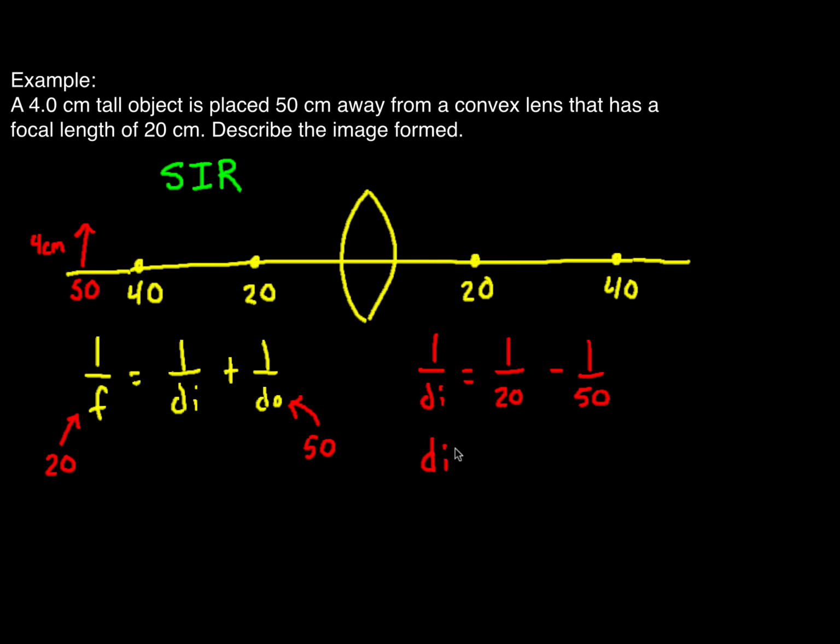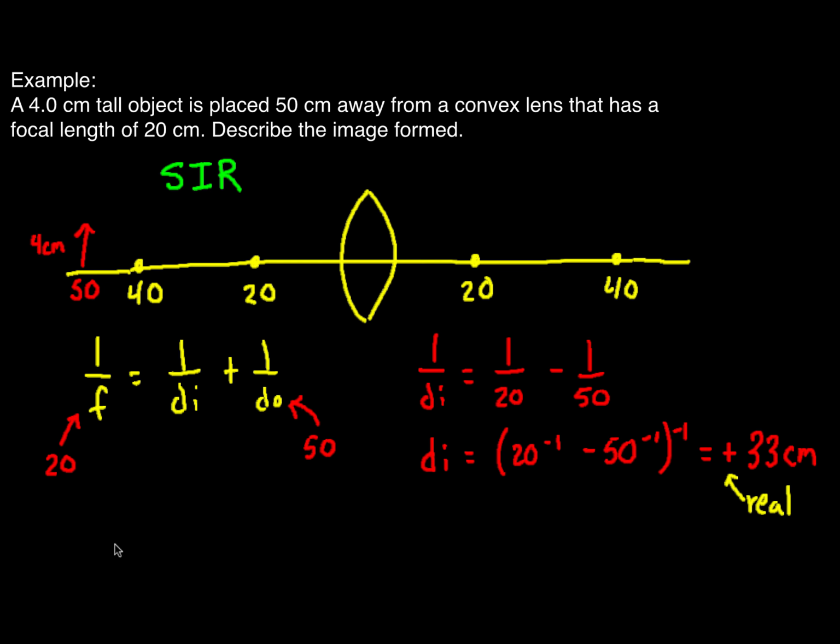This gives us DI equals (20^-1 minus 50^-1)^-1. This gives us a DI value of 33 centimeters. We should note that this is also positive. Because it's positive, we know that the image must be real.